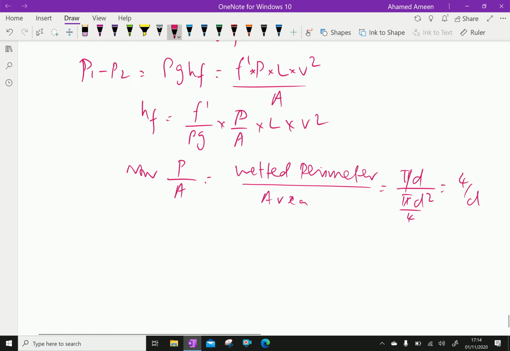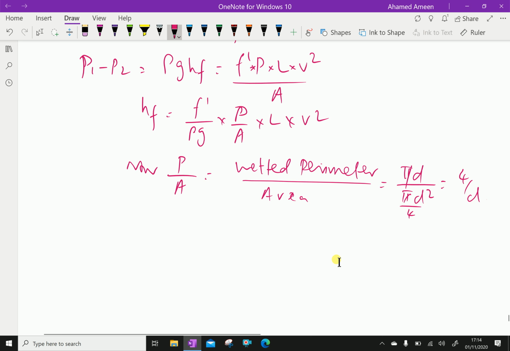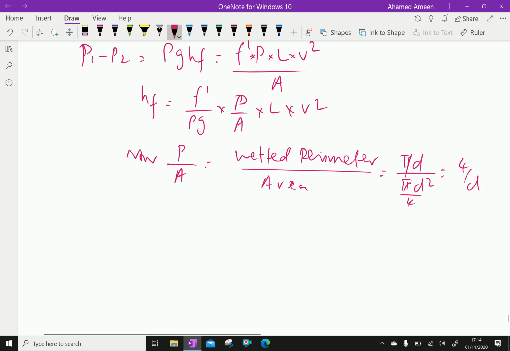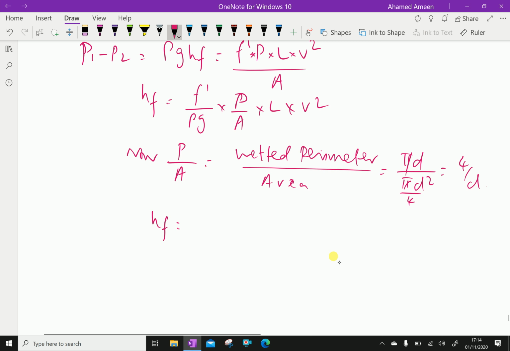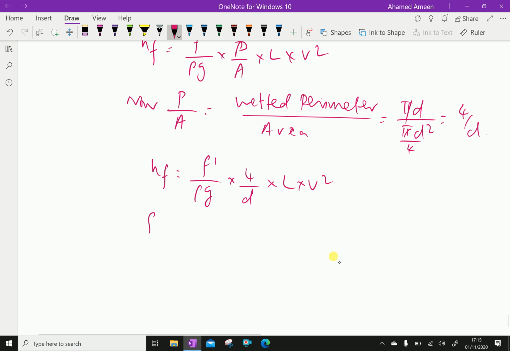So the ratio of P by A is 4 by d for the pipe. Therefore we write HF equals F dash by rho g into 4 over d into L into V square, so HF equals F dash by rho g into 4 L V square over D.